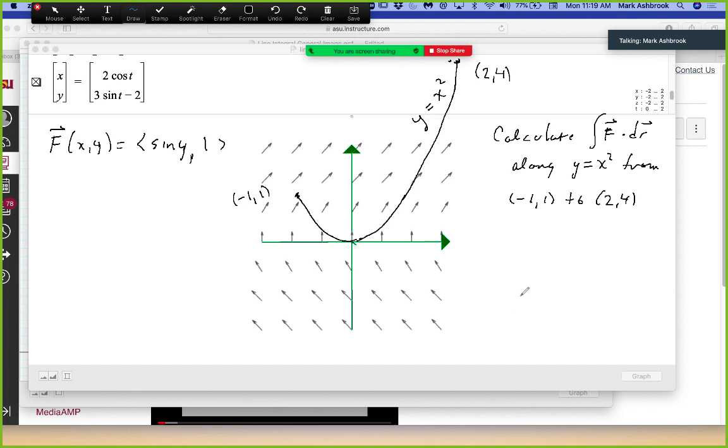Yes, we need the field, which we have, and then we need to parameterize the path. Those are the two things involved here. We've got a path, which is a vector function. Vector functions give curves. And then we need the vector field, and we've got that. That's our multivariable vector-valued function.